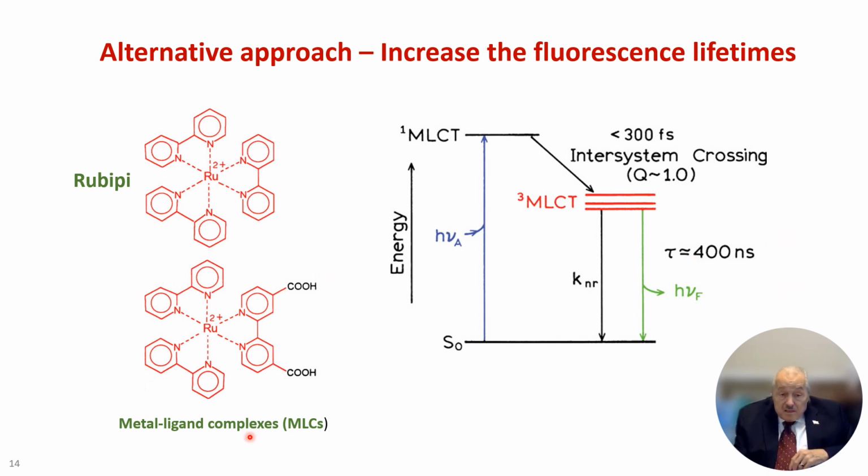We made this species because we were concerned that this is so symmetrical it wouldn't have much of a polarization, whereas this might have more polarization because the electrons would tend to localize towards the carboxylic acid groups.